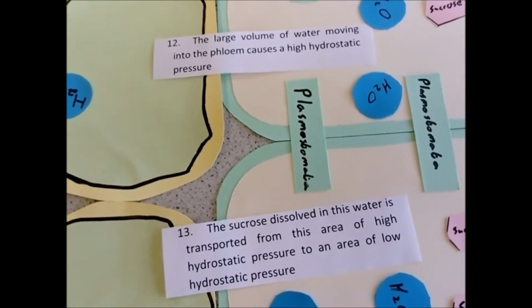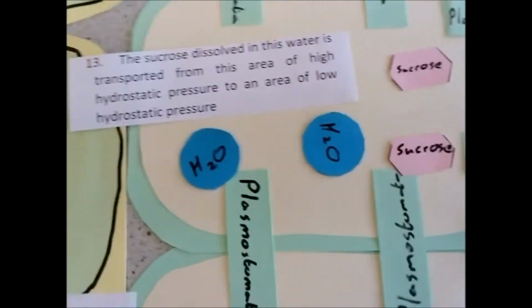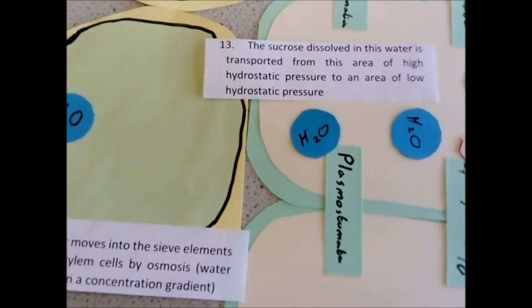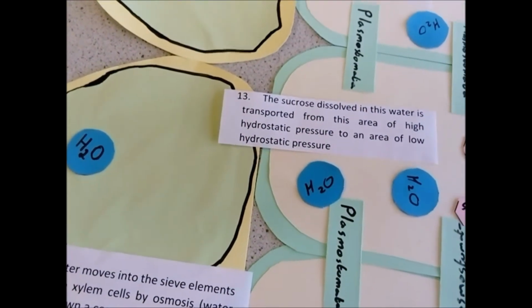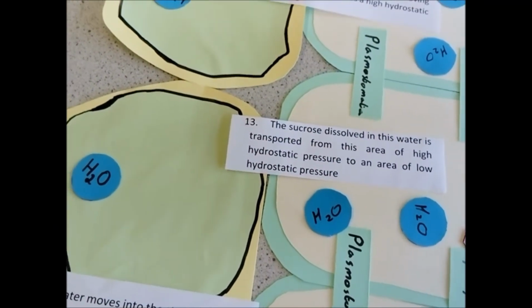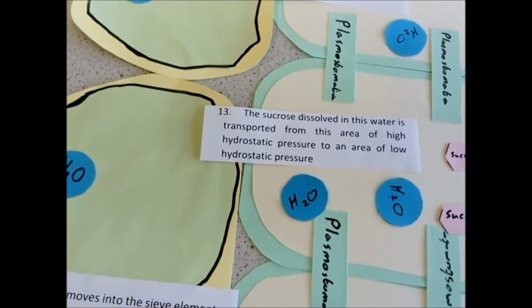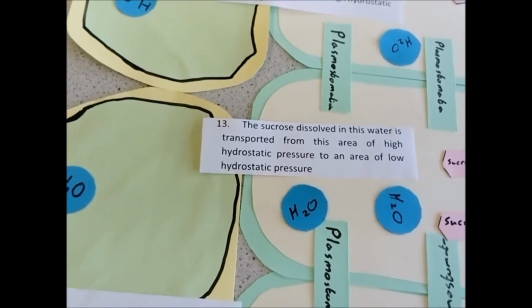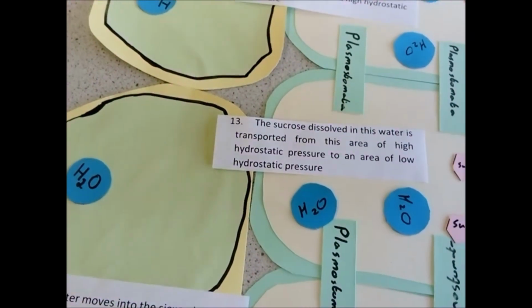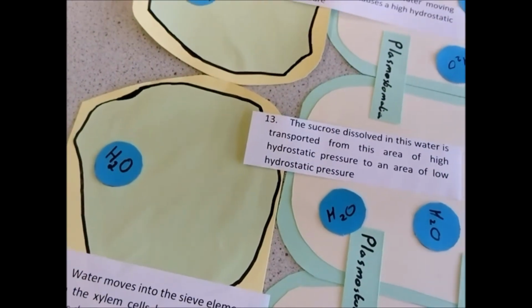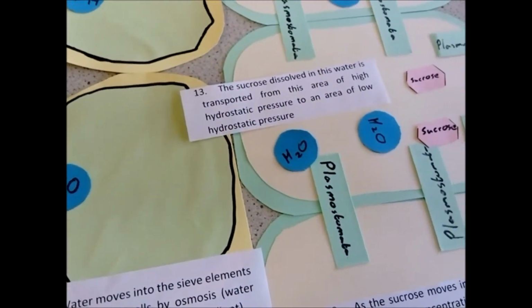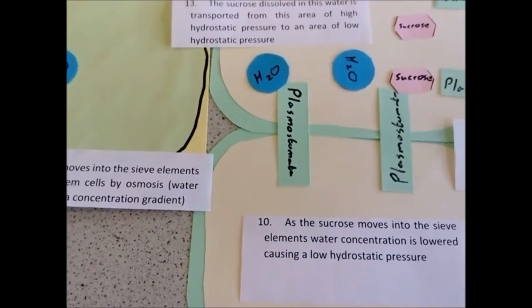This increase in hydrostatic pressure enables the sucrose to be dissolved in the water, and because hydrostatic pressure always pushes things from an area of high hydrostatic pressure to an area of low hydrostatic pressure, this will start to move the sucrose from this area where it's a source, where it's being made, down the plant until it gets to a sink, where it's being stored.